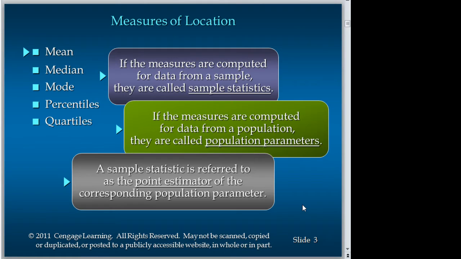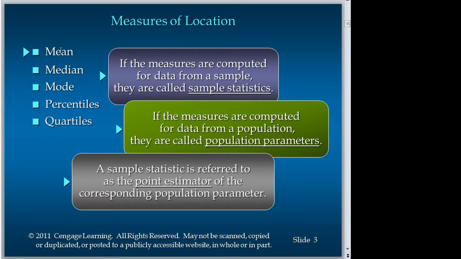Measures of location first. With measures of location, we try to come up with numbers. It could be one number, it could be several numbers that best describe the entire data set. Now let me repeat that again. We try to come up with either one number or several numbers that best describe the entire data set.